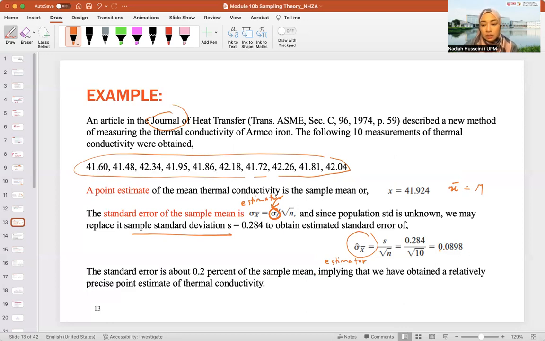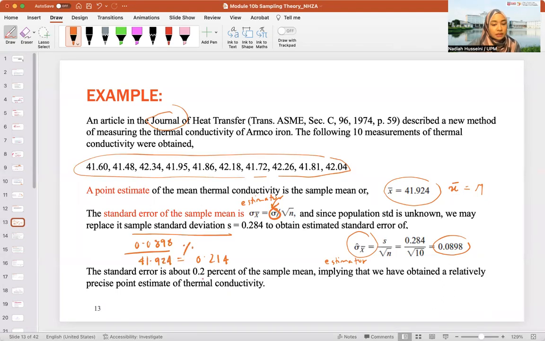How do we know this? There is 0.2% of the sample mean. So our sample mean is this guy, and this one divided by this one times 100. Let me just double check on that. 0.0898 divided by 41.924.